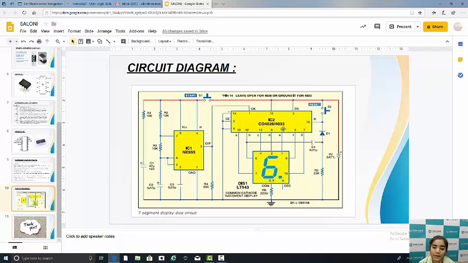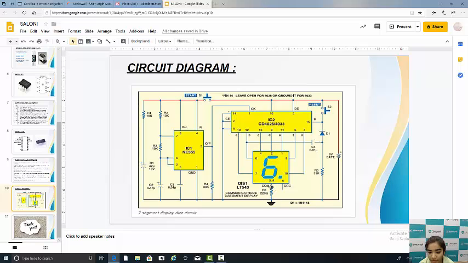The 11th pin with E of the 7 segment display. The 9th pin is connected with D. The 13th pin is connected with C. The 12th pin is connected with B, and also the 10th pin is connected with A. Here is the connection of the IC CD4033 with the 7 segment display.